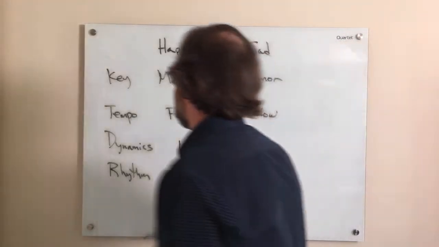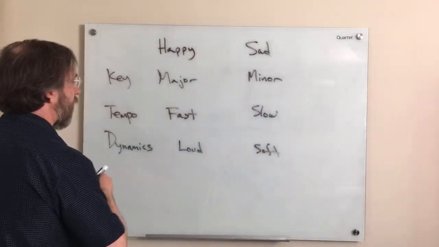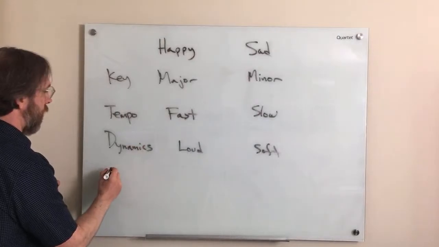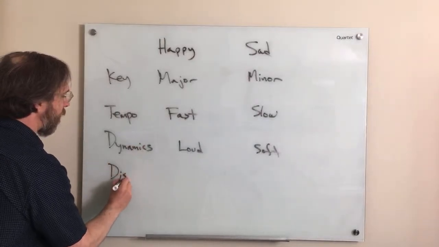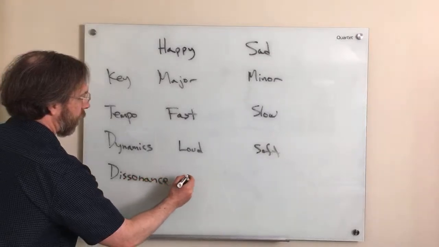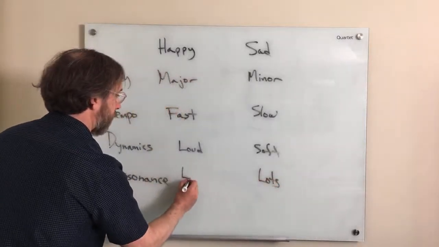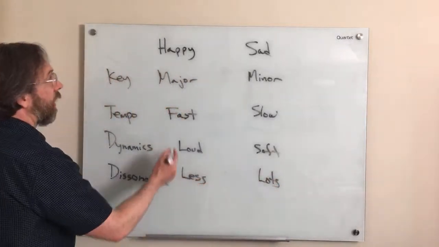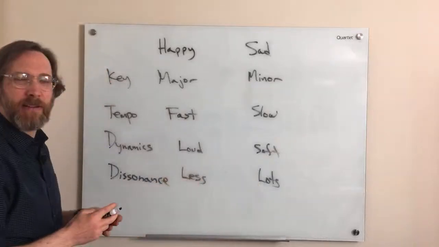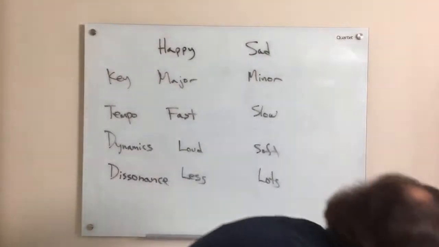I guess I'm going to erase rhythm here. I'm just trying to think, how would you do it? And I think you'd have to do it with lots of dissonance, then maybe you could get it to sound sad, but probably not.